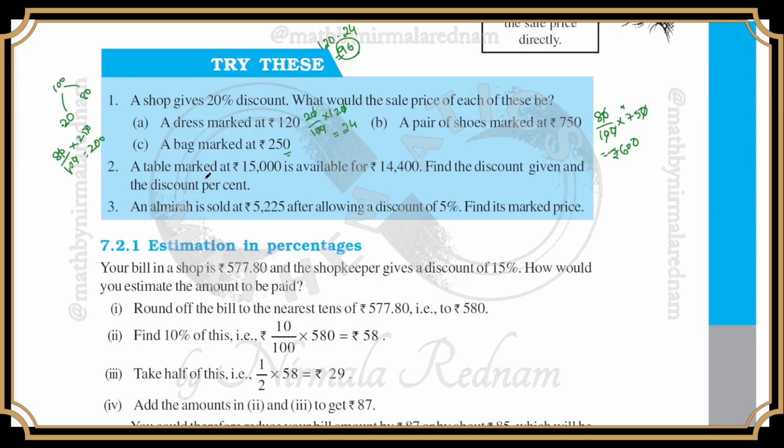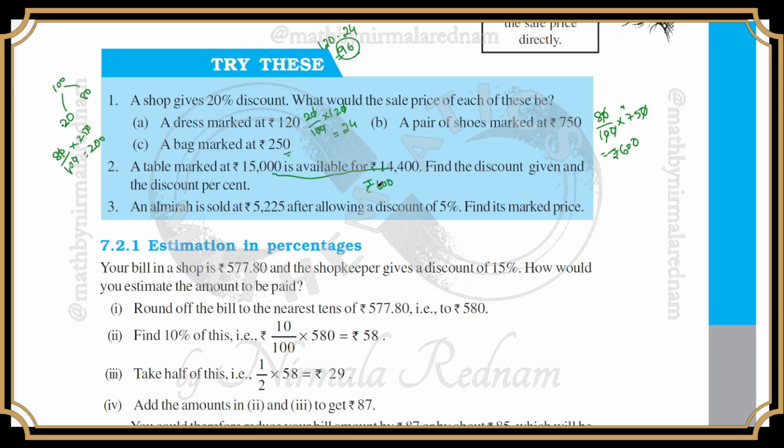Next question. A table marked at 15,000 rupees is available for 14,400. Find the discount given and the discount percentage. Discount given is simply the difference between these two numbers, which is nothing but 600 rupees. Okay, that is nothing but my discount. And what is the percentage of discount?